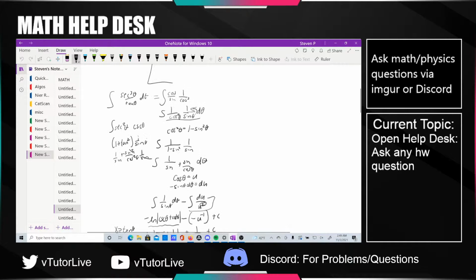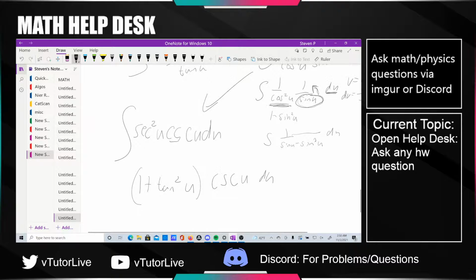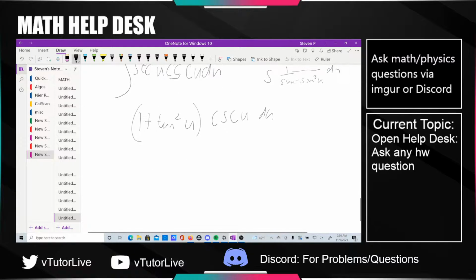Sorry, my brain is pretty fried right now, so I'm going to take a quick peek here. 1 plus tan squared, 1 over sine. So this is 1 plus sine squared theta over cosine squared theta. And this is 1 over sine. Yeah, this works out pretty nicely.